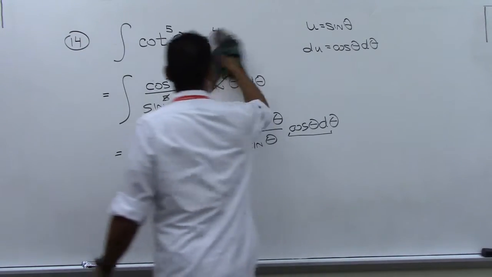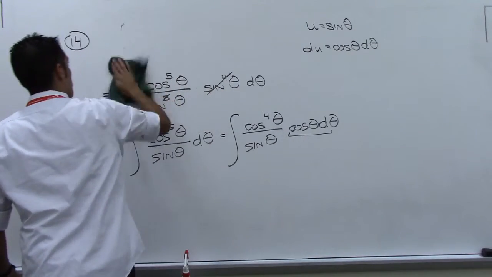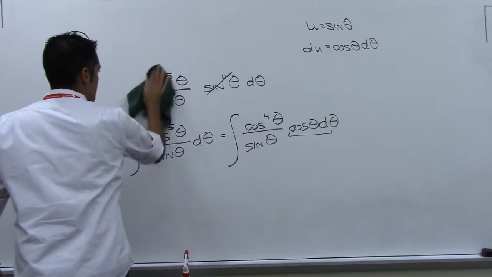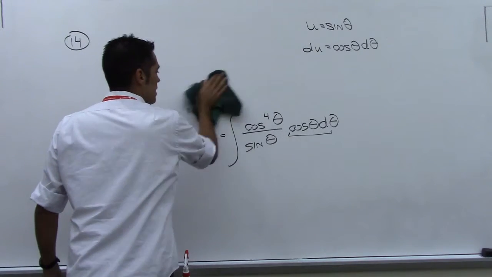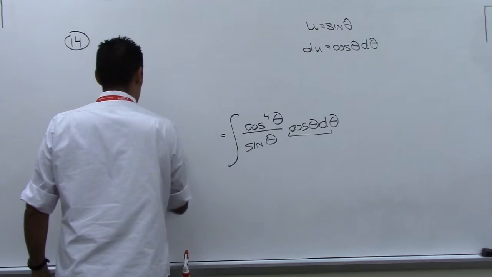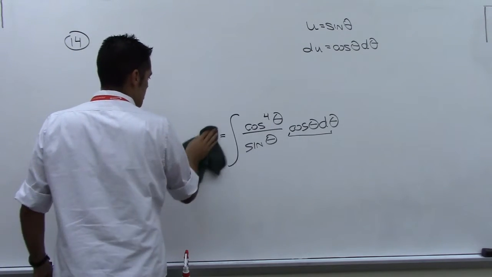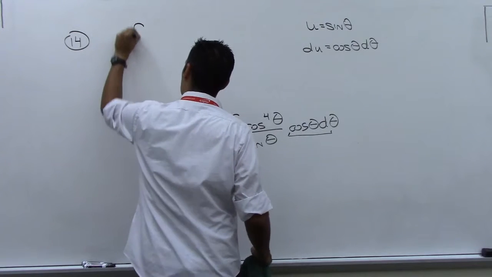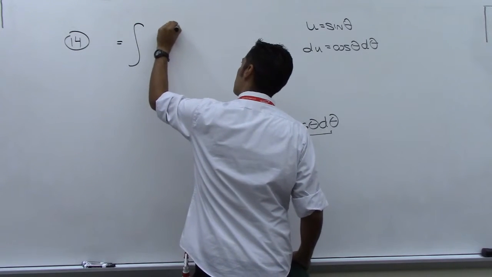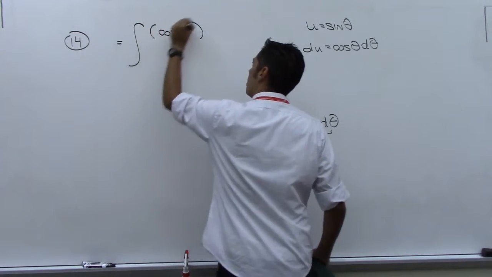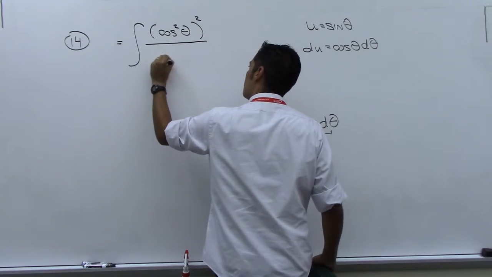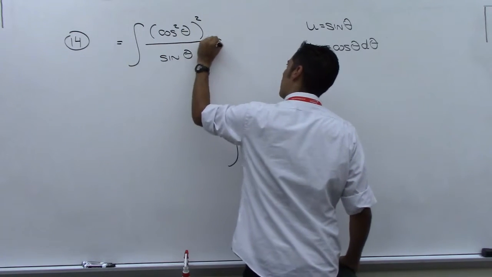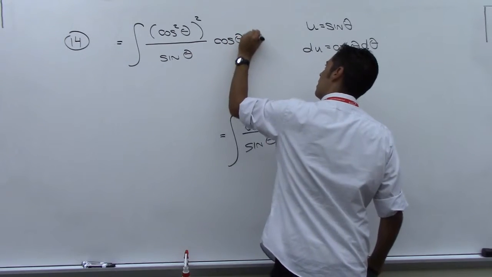So all we do now is just rewrite cosine using the Pythagorean identity. Since I have cosine to the fourth, an even power of cosine, that's a good thing, because I can write it as cosine squared. So this will be equal to integral cosine squared theta, squared, over sine theta and then cosine theta d theta.